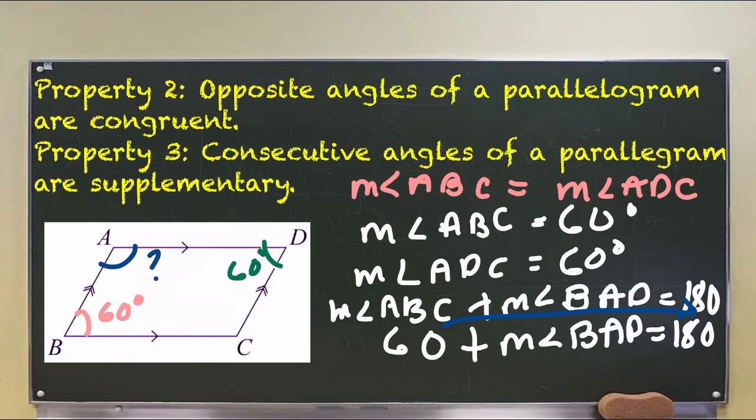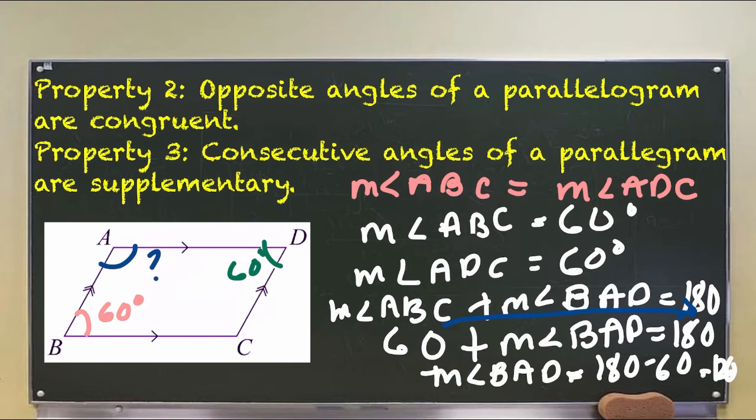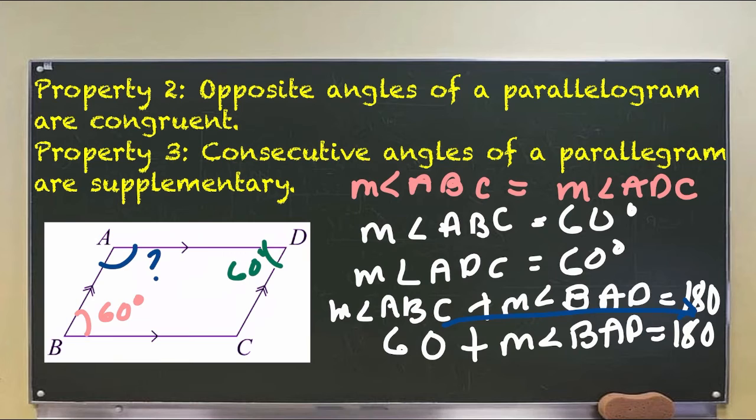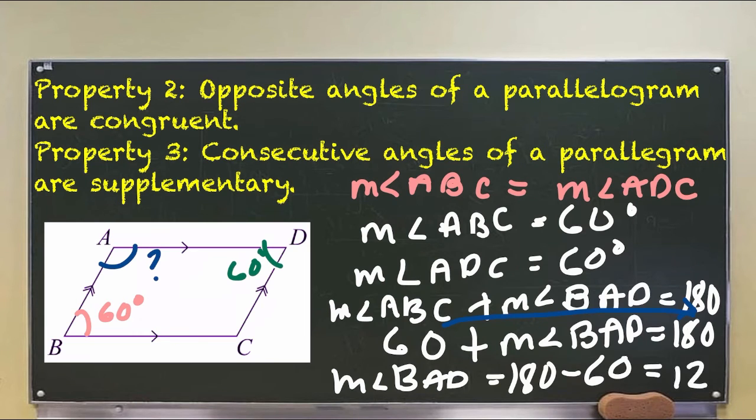So we have M angle BAD equals 180 minus 60. Ang sagot, 120. Okay? Sulat natin yun ulit. M angle BAD equals 180 minus 60, that is 120.